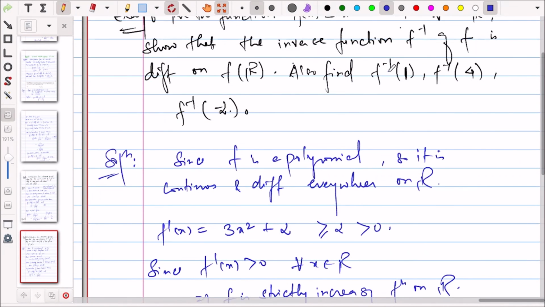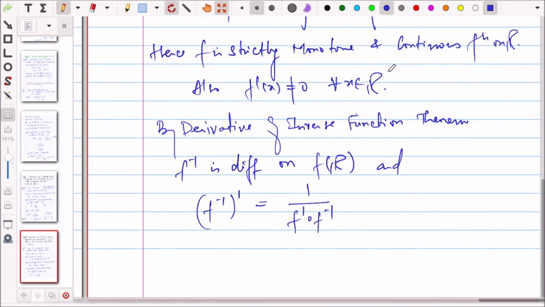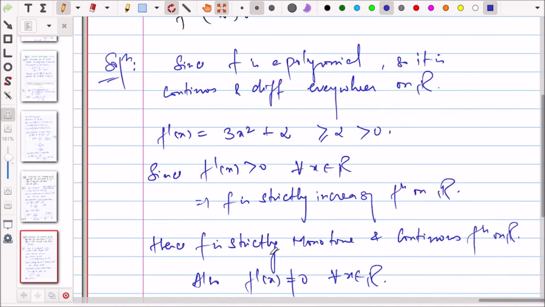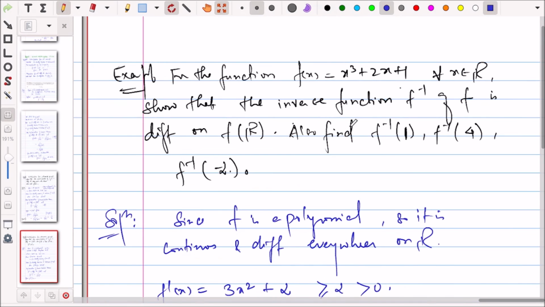अब हमें f inverse of 1 निकालना है. So now f inverse dash 1 ही निकालना है ना, dash लगा दो इधर, सारे derivatives आएंगे. ठीक है, we have to find the derivatives at this point.